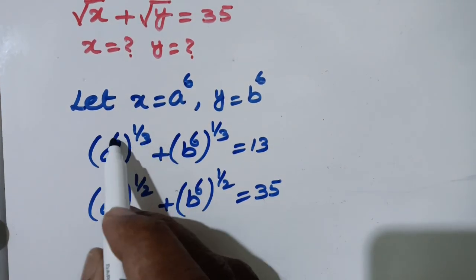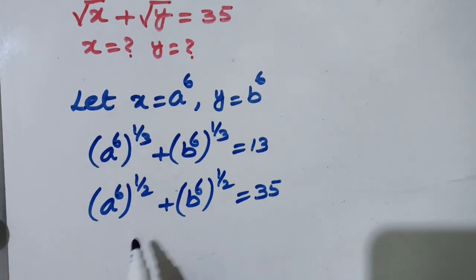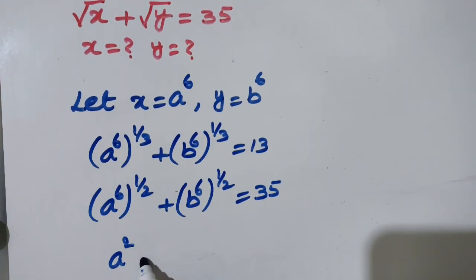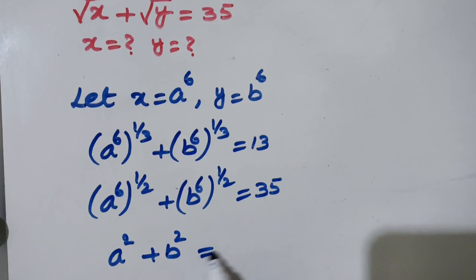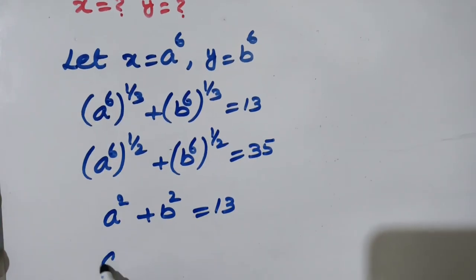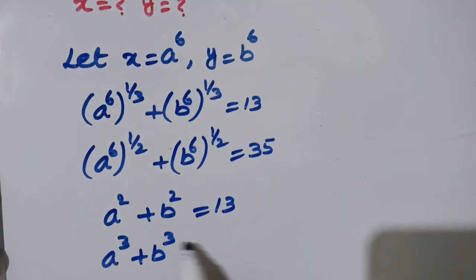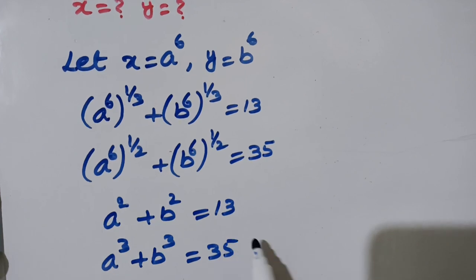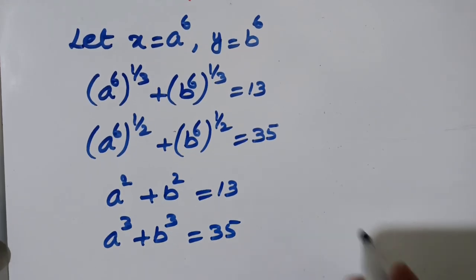After simplification, 6 times 1 by 3 becomes 2, so a square plus b square is equal to 13, and a cubed plus b cubed is equal to 35. These are the two equations I have.